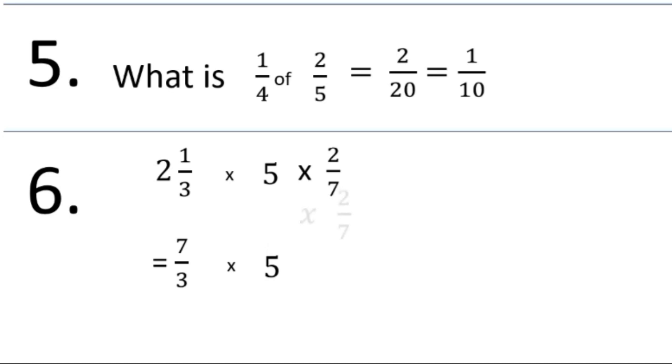Then, meron na naman tayong kaparehas na numerator at denominator. So, we delete or we cancel kasi 7 over 7 is 1. 5 times 2 is 10. And then 3 times 1, yung natira sa denominator, is 3. So, the product is equal to 10 all over 3 or 3 and 1/3.